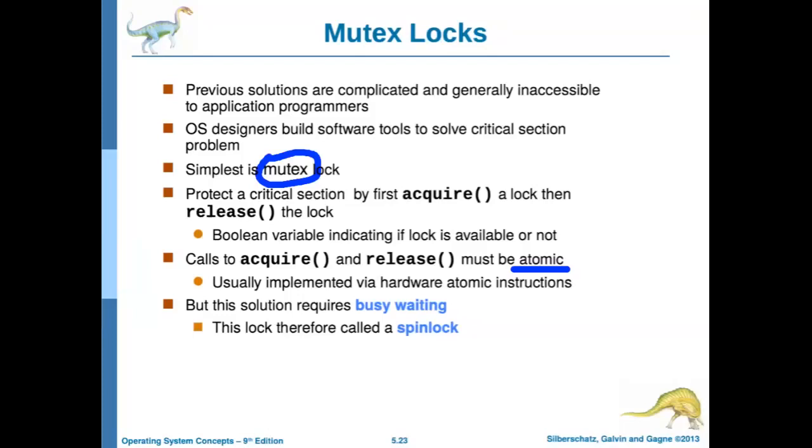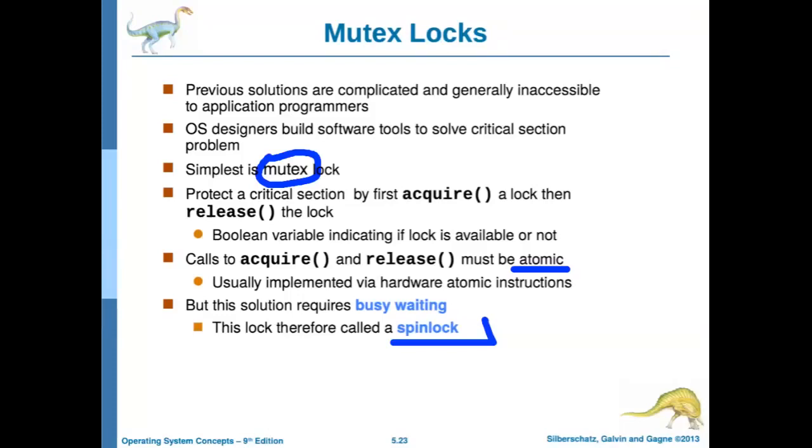And these Mutex locks are called busy waiting locks, because if the resource is busy, you have to wait. That is the reason they are also called spin locks.